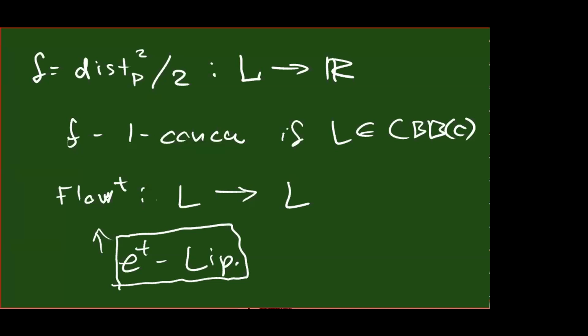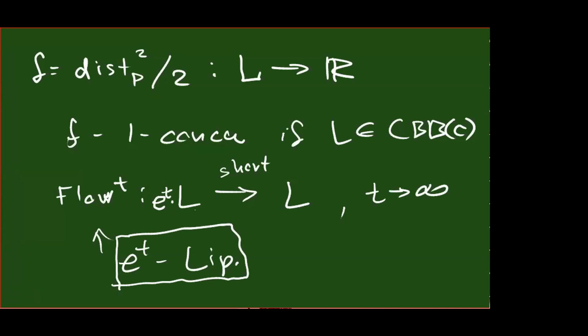I want it to be 1-Lipschitz, and it's easy to arrange. I just multiply my space by e^t. And so this is a short map now. Then I consider the case when t goes to infinity.